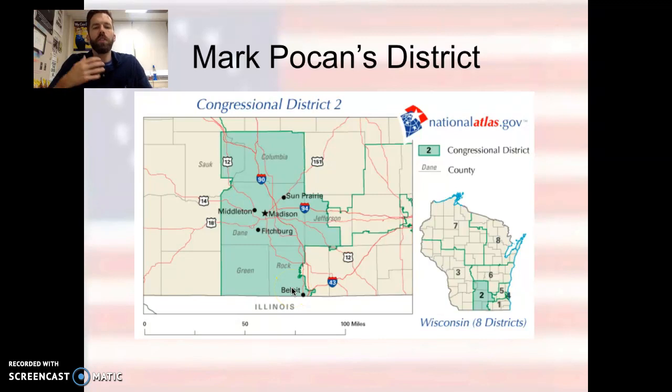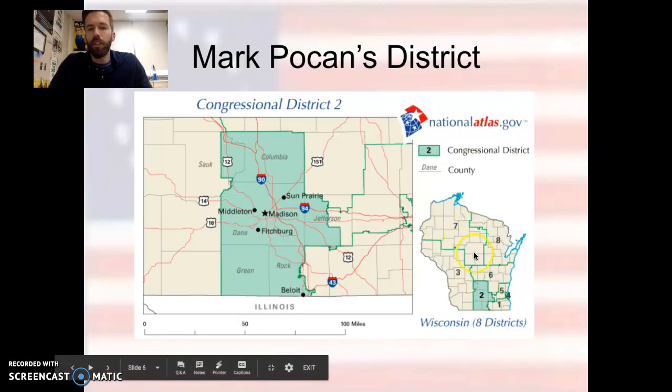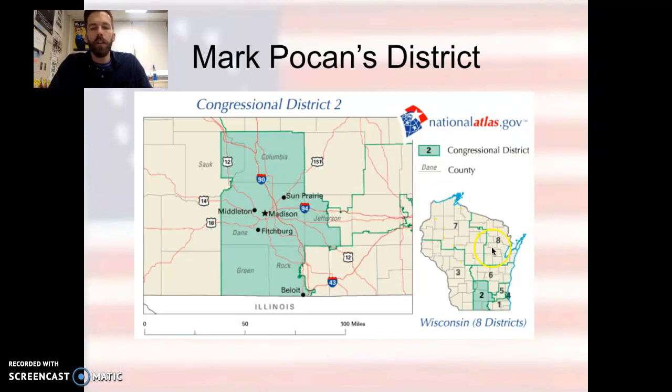So you think of urban issues, racial issues, issues around poverty. This is going to be much different than, say, District 7, which is way northern Wisconsin, the Lake Superior area, very rural.